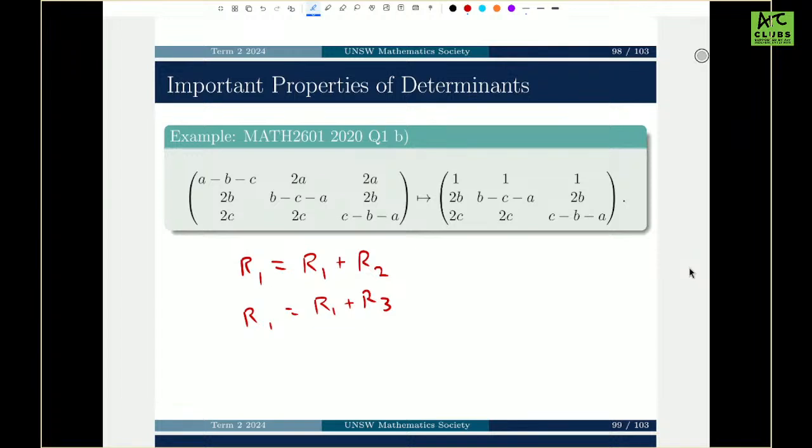So you can just say add the second and third rows to row 1, and we end up with a matrix that looks like it'll be a plus b plus c.